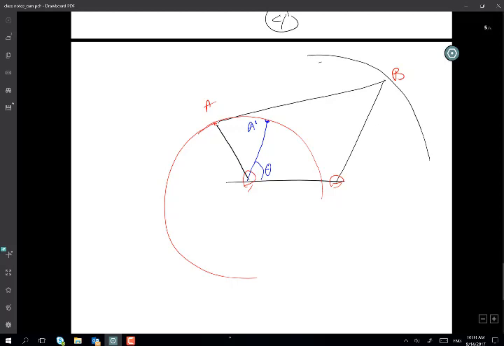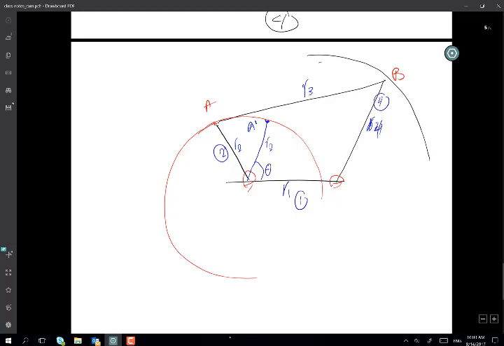If this is R1, because link number 1 is my ground link, I'm going to call this link number 2, this link number 3, let's say this length is R3, this length is R4, and this link number 4 has constant length R2.